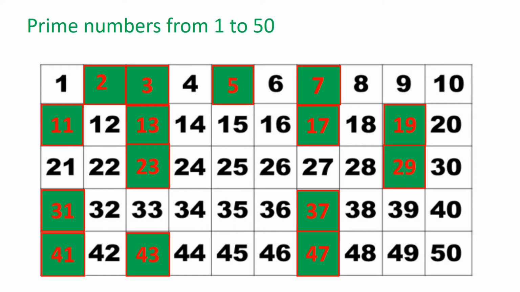Followed? Children, here is the list of prime numbers from 1 to 50. 2, 3, 5, 7, 11, 13, 17, 19, 23 and 29, 31 and 37, 41, 43 and 47.